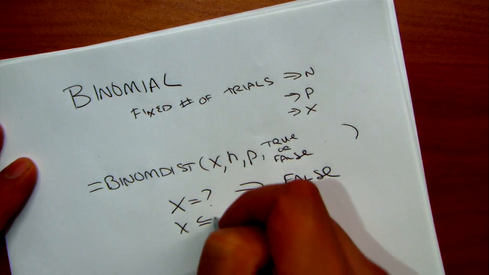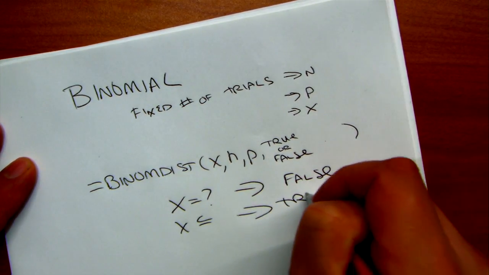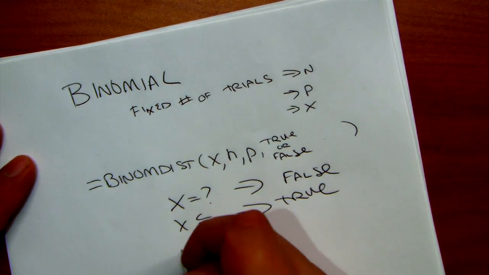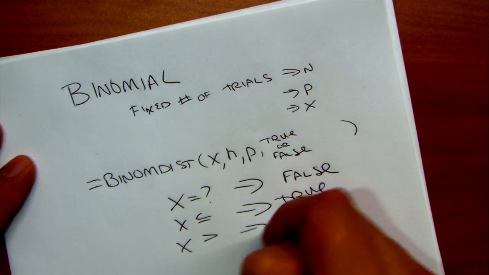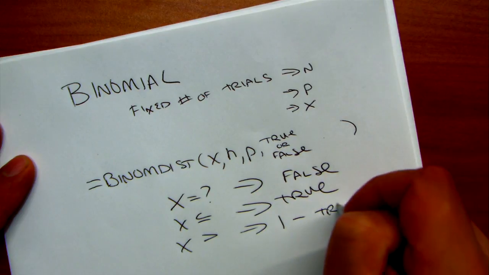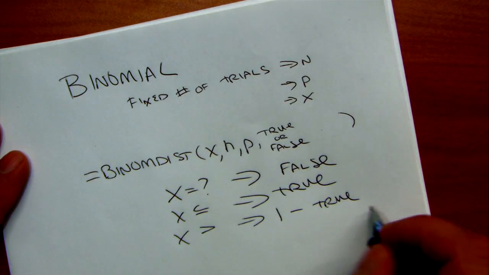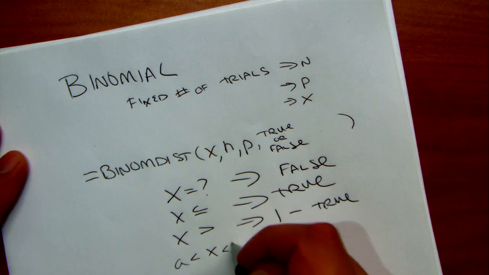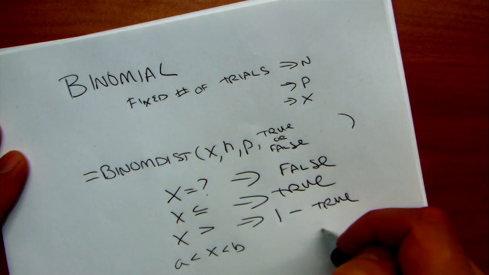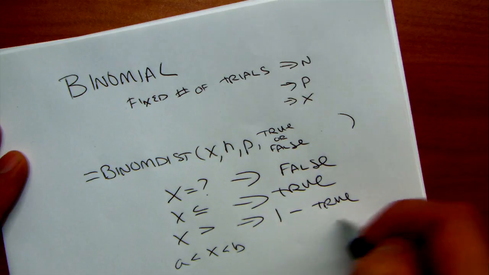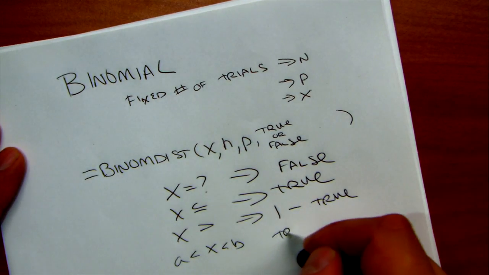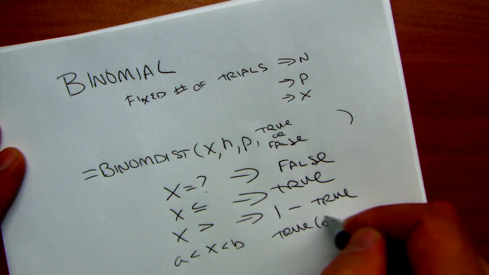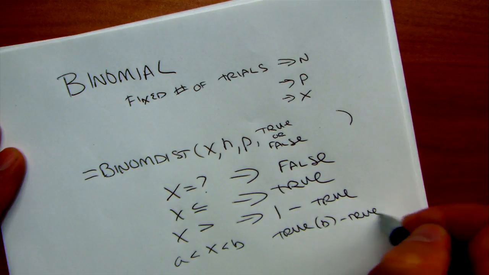If x is less than or equal to a value, we use true. If x is greater than a value, it's 1 minus true. And if it's between a and b, it depends if it's inclusive or not, but basically it's true of b minus true of a. You have to figure out whether it includes the endpoints or not, and go from there.